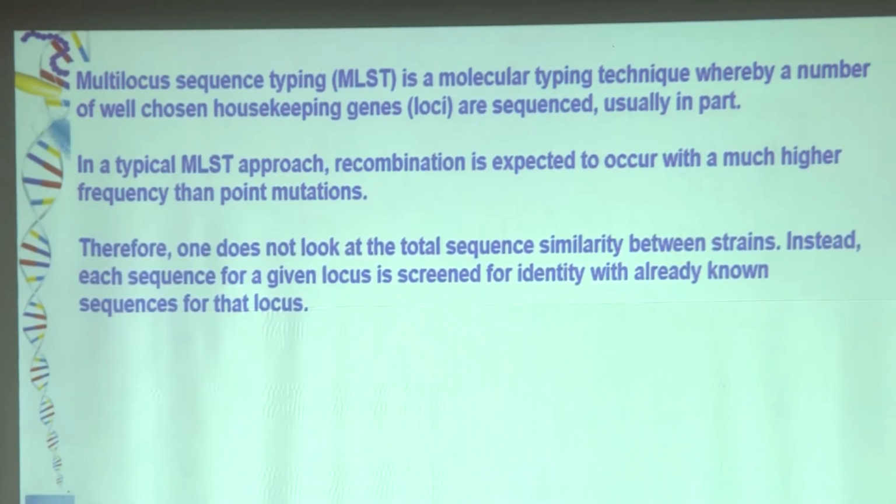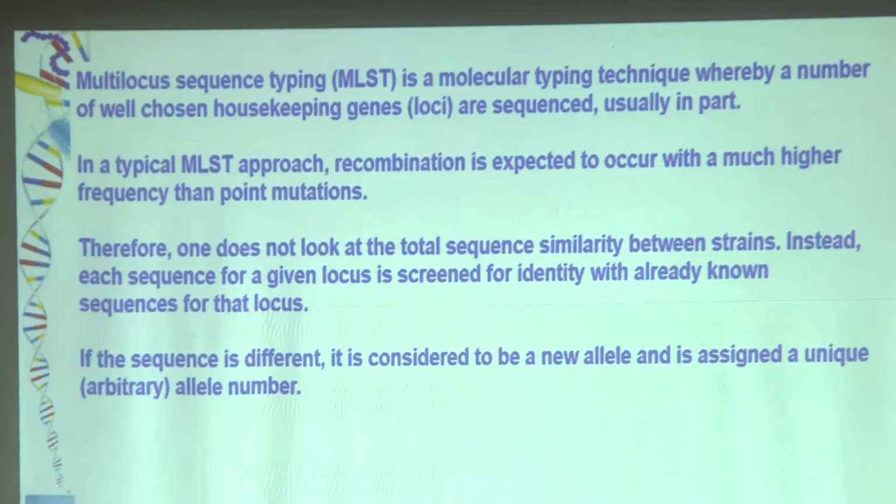Therefore, one does not look at the total sequence similarity between strains. Instead, each sequence of a given locus is screened for identity with already known sequences for that locus. It only implies that you need to refer a database where the sequences are already uploaded, right.